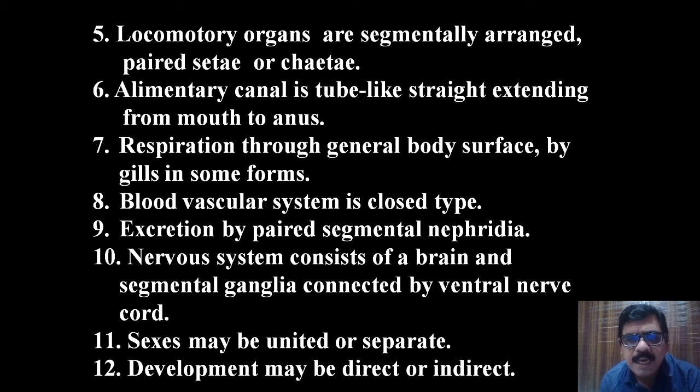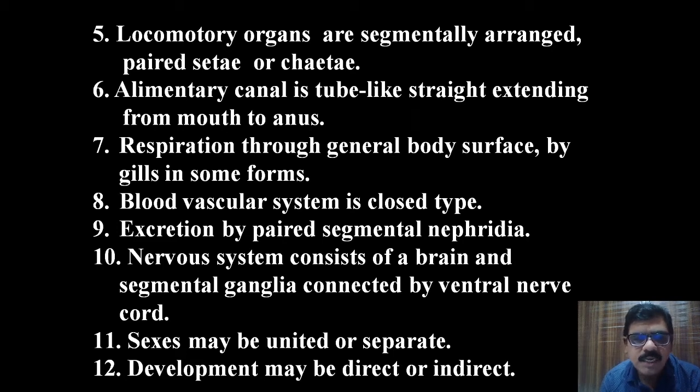The alimentary canal is a straight tube that runs from the mouth and ends at the anus. Respiration in Annelida occurs through the general body surface and in some annelids by gills. The blood vascular system is of closed type.